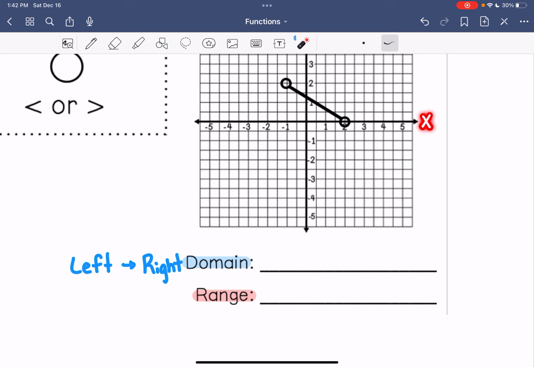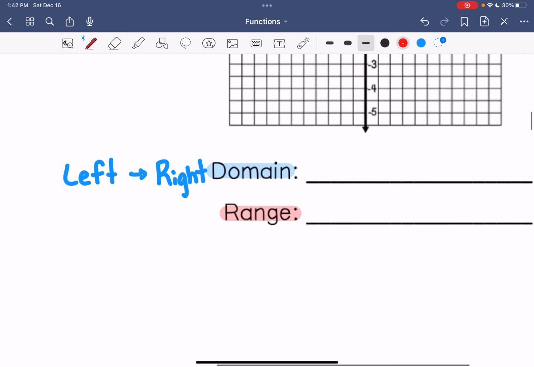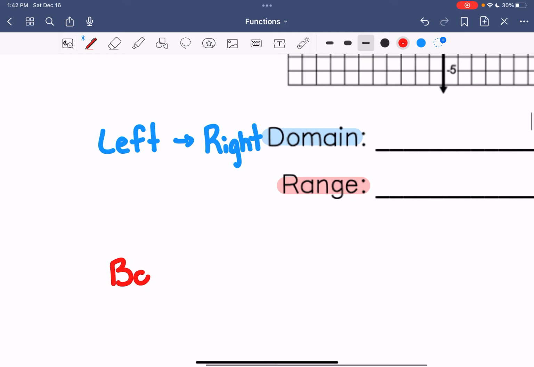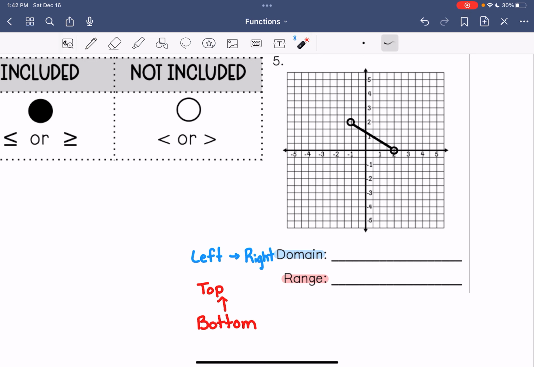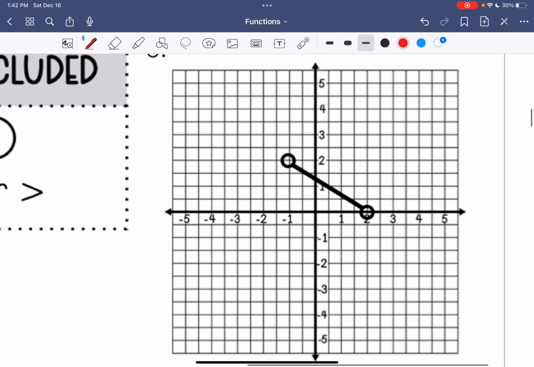This is our x-axis. Our x-axis moves from left to right. For range, we will measure our graph from bottom to top. Same way that our y-axis moves from bottom to top. When we write these inequalities, we will always go left to right, bottom to top, small to big, negative numbers to positive numbers.